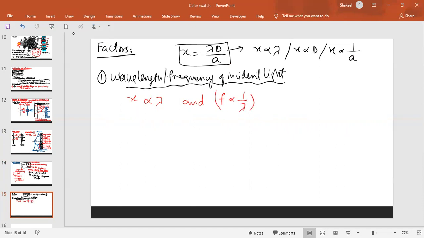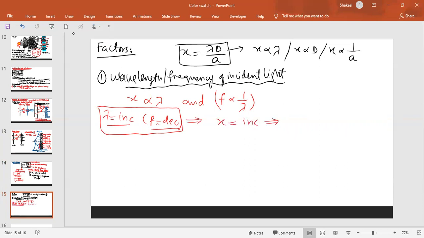So if lambda is increased, technically you are decreasing frequency. Increasing lambda or decreasing frequency, both are the same thing. When you do that, x would increase as well. So you will say that wider fringes are formed, because x is the fringe width. If lambda increases, x would also increase.